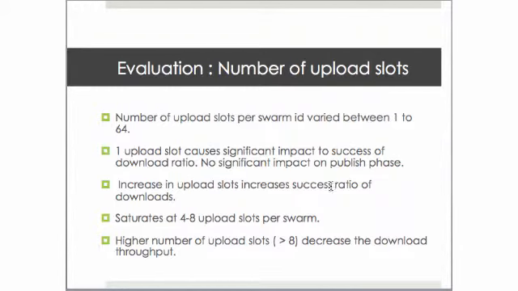So the download success ratio increases as we transition from 1 upload slot to around 8 upload slots. But as the number of upload slots goes above 8, it decreases the download throughput. Hence, they conclude that 4 to 8 is an optimum number of slots needed for a peer in the GeoSwarm.